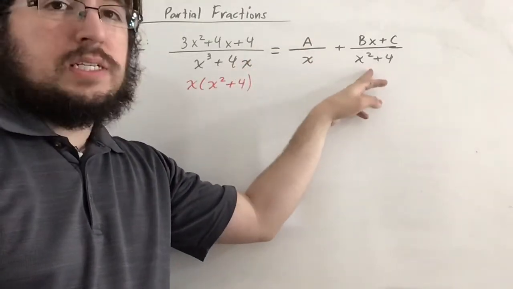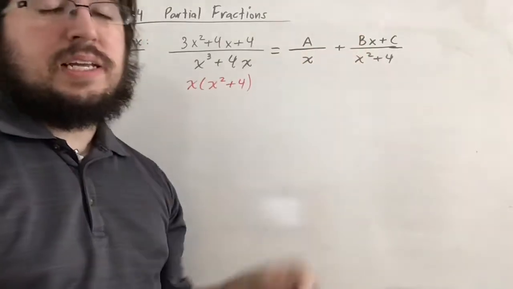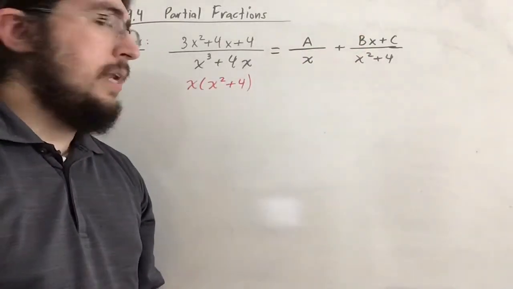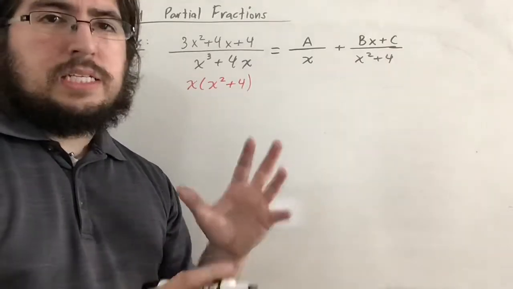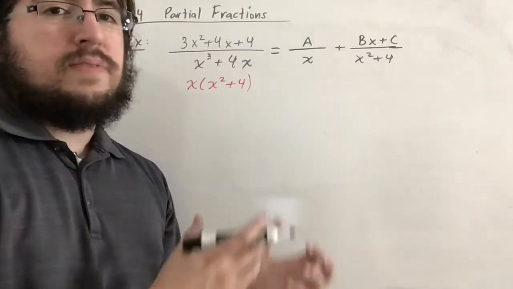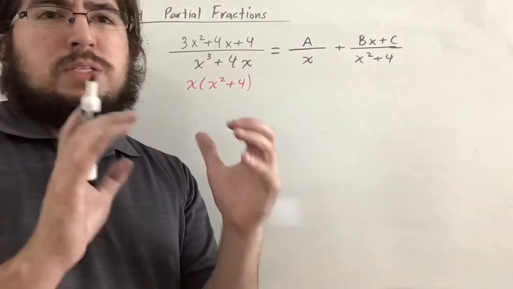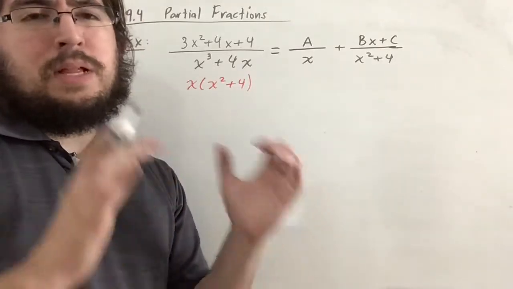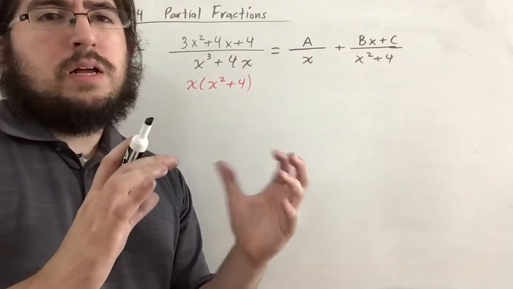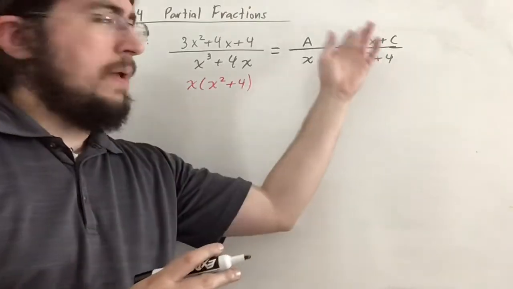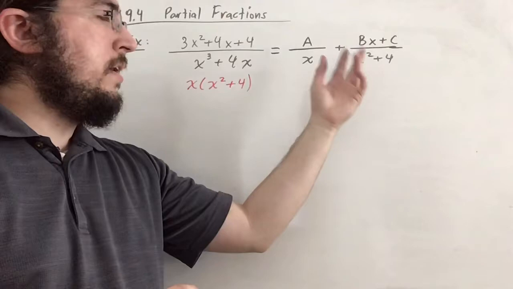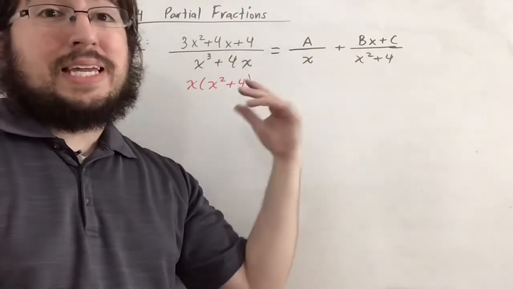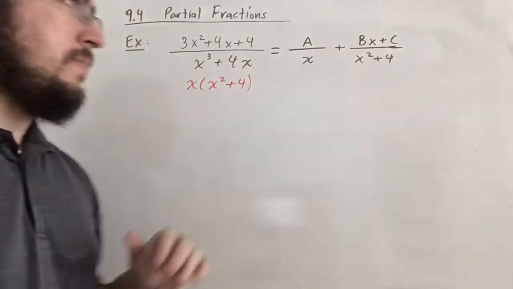Here the highest power of x is 2, here the highest power of x is 1. The exception to that, of course, is with the repeated factors, because something like x plus 1 all squared, like we saw in the previous example, technically has degree 2, but I'm not considering that when I'm doing this setup. So for this setup, it's only when your denominator is a quadratic that can't be factored. So kind of keep that in mind.